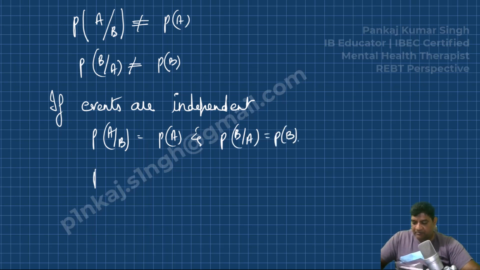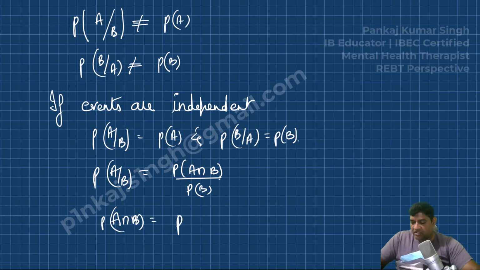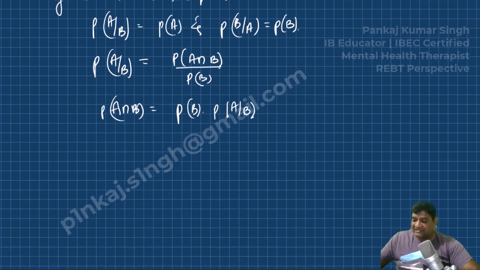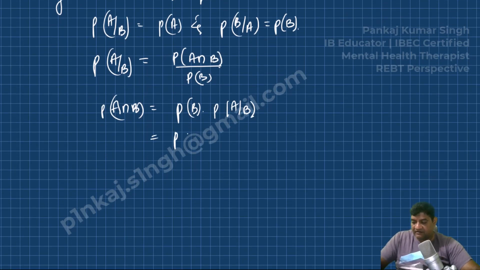I do know that the probability of A given that B has occurred is given by the formula, which is the probability of A intersection B divided by the probability of B, which means the probability of A intersection B can be written as the probability of B into the probability of A given that B has occurred. Now, since the events are independent, I can write this as that.